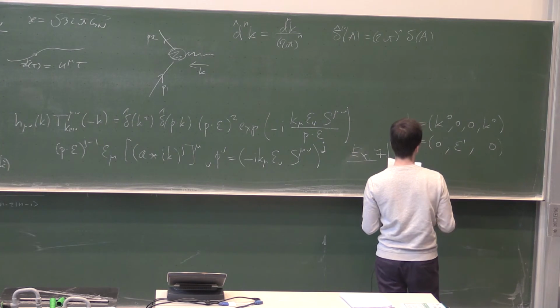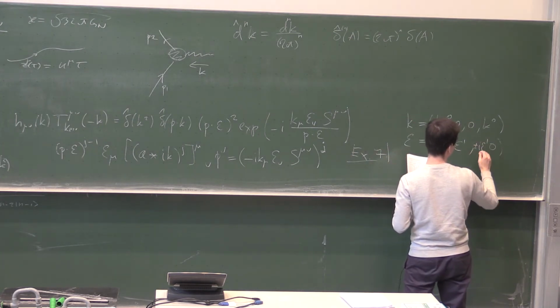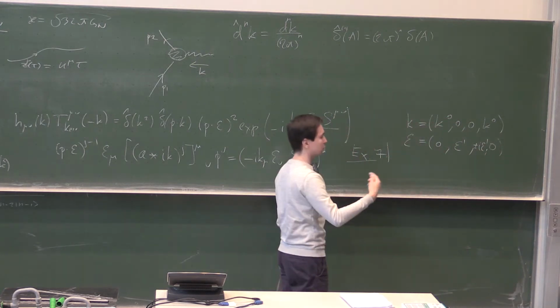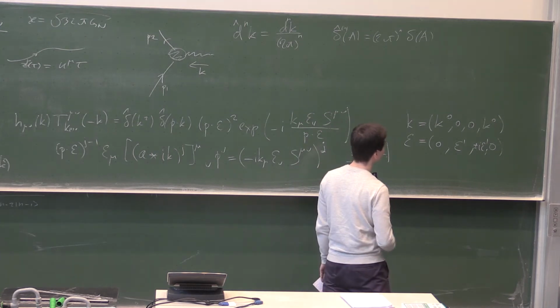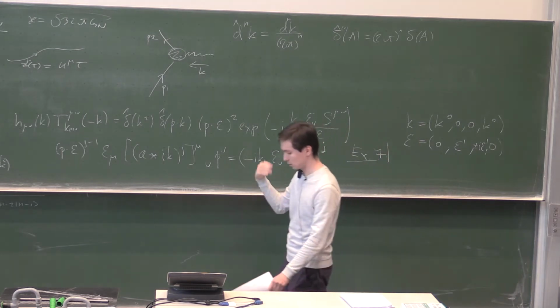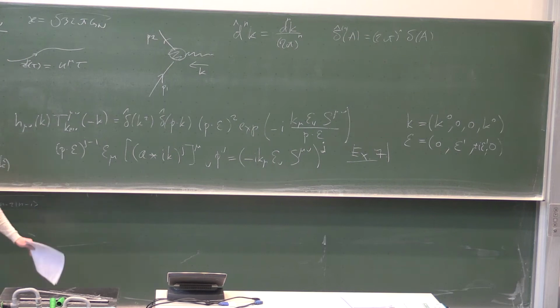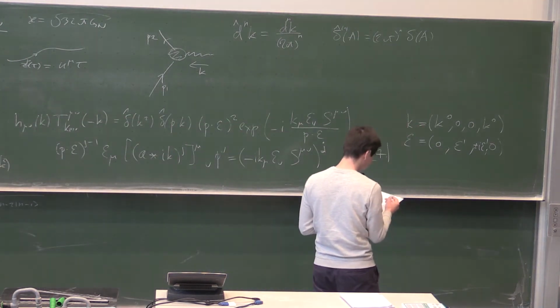So let's write it like that, up to a sign. The polarization vector should also be, no, it shouldn't be space-like. The helicity polarization vectors are actually light-like, and this is a sensible way to write it.